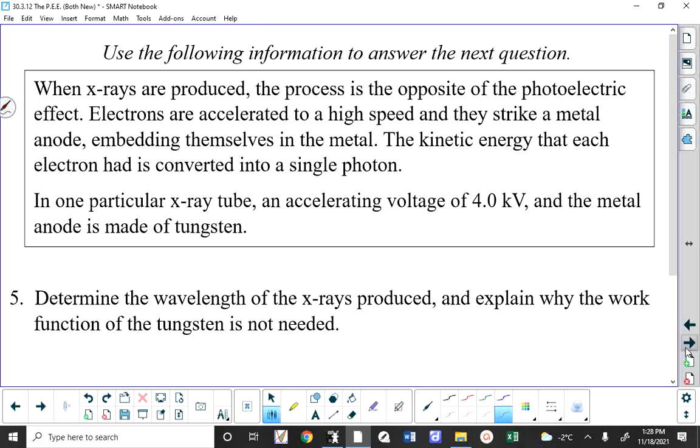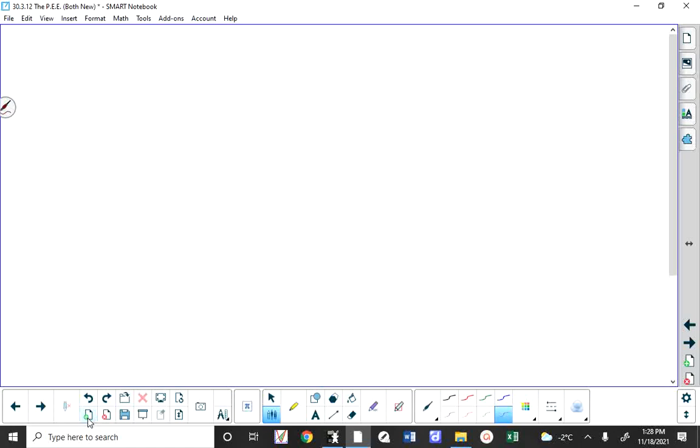It turns out that X-ray production, I'm going to pause there, X-ray production. If you were to go back to the very first day of this unit, page 1 of your notes, and look at how X-rays are produced, they're produced by accelerating electrons to a very, very high speed, and then they stop by hitting a metal target, and you produce X-rays.